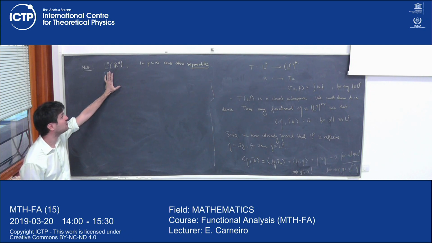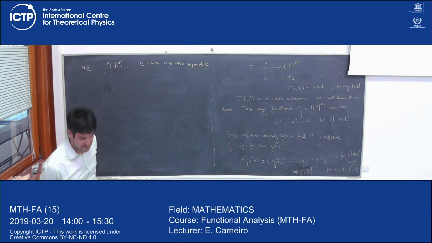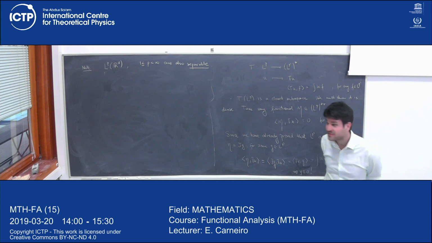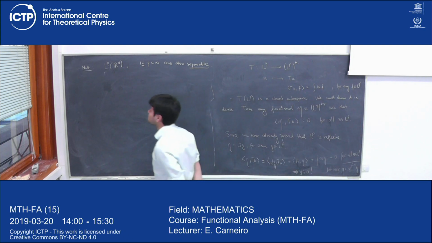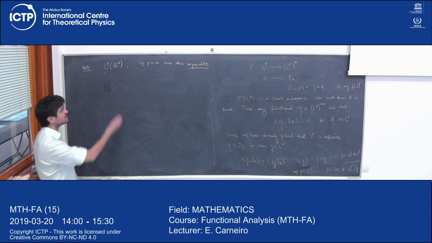And here you can actually include 1 if you want. Can you guys remind me this proof? How do I show that LP of RD is also separable? We first prove simple functions are dense.